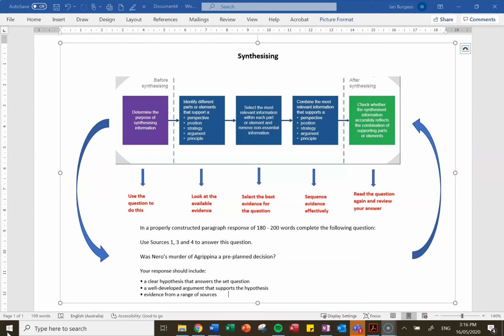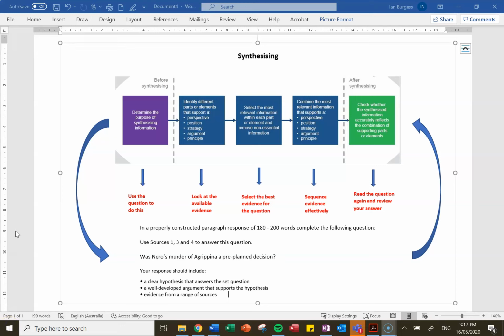The question is asking, was Nero's murder of Agrippina a pre-planned decision? Whilst this can be a yes or no answer, the context of this question is obviously where you're bringing in a range of evidence to argue the case. This would be something that, for example, a solicitor or a lawyer would do in court.